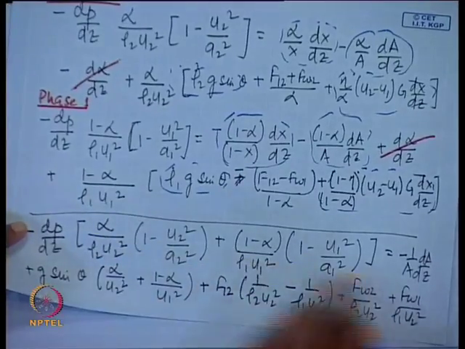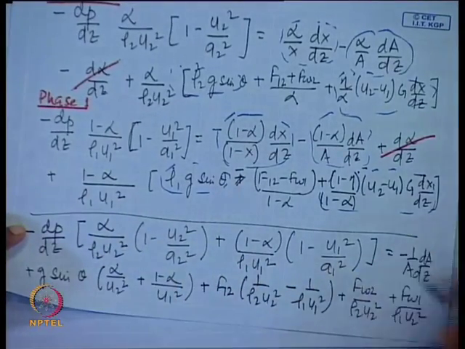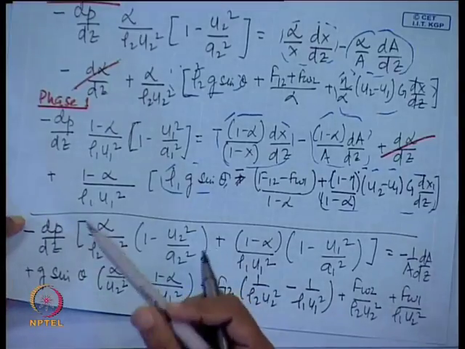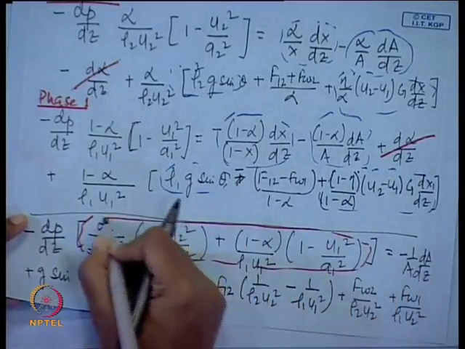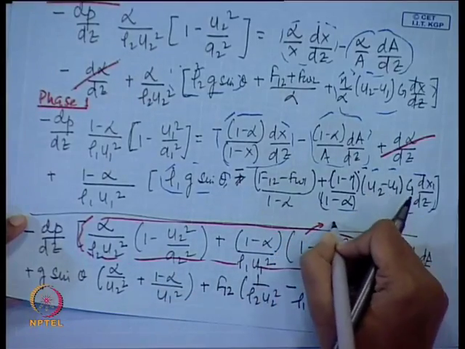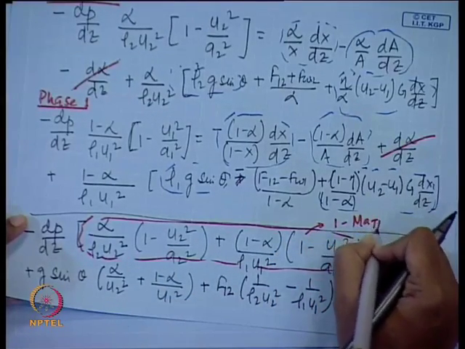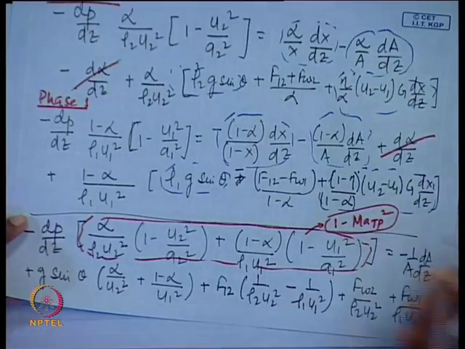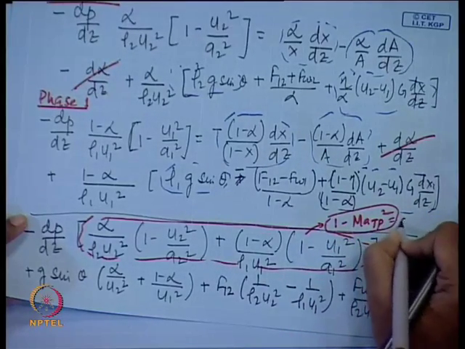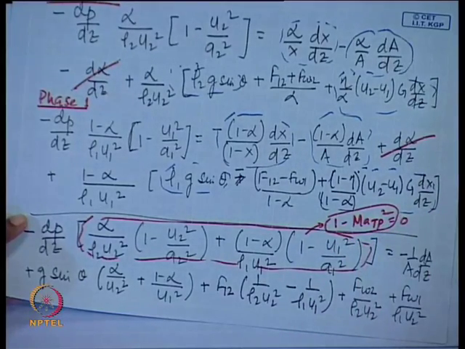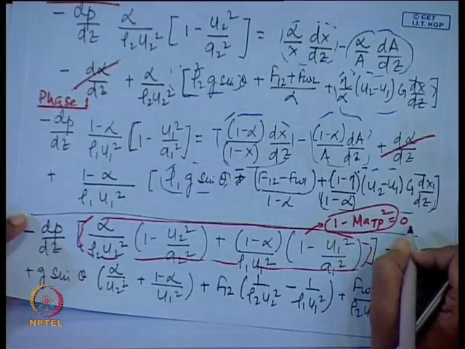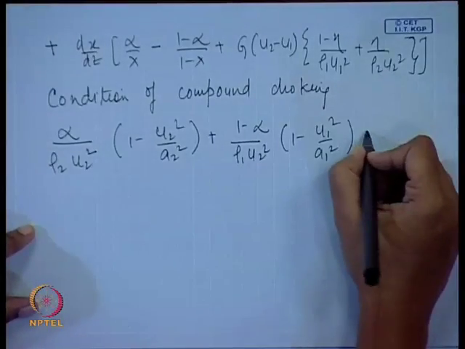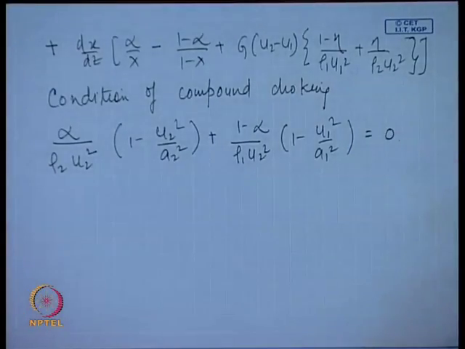This was the term which was attached with the pressure gradient term. Okay. So, therefore, this particular term is nothing but 1 minus Ma square, isn't it? And this 1 minus Ma square equal to 0 gives you the condition of choking. So, therefore, when this term becomes equal to 0, it should give you the condition of compound choking.